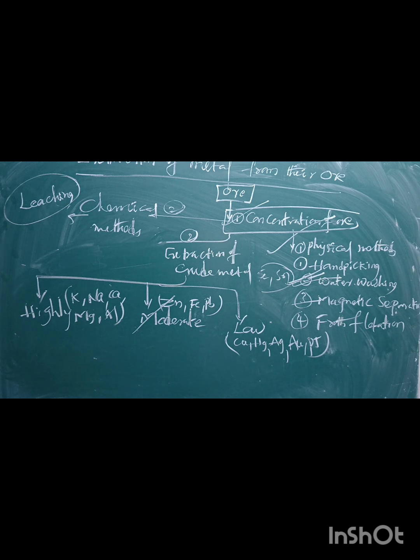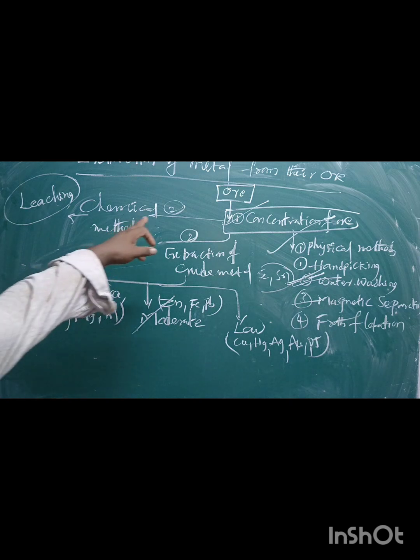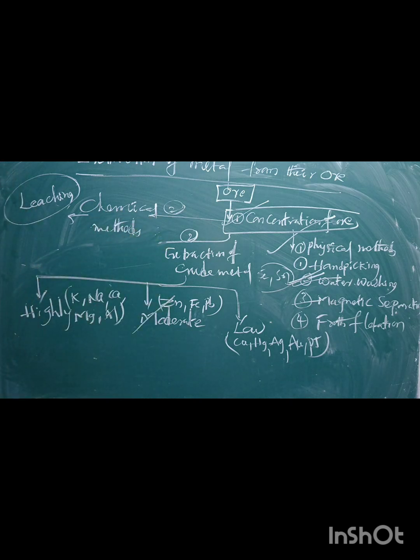How to extract these, sir? Here chemical method is there. This chemical method is nothing but how to extract the metal by using chemicals. In this method, the powder ore is treated with a suitable chemical reagent which dissolves the ore while the impurities remain insoluble in that reagent.